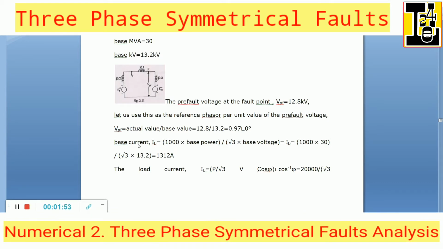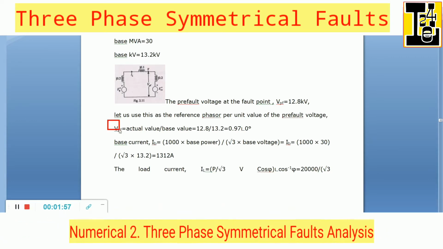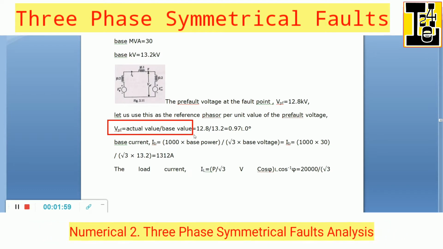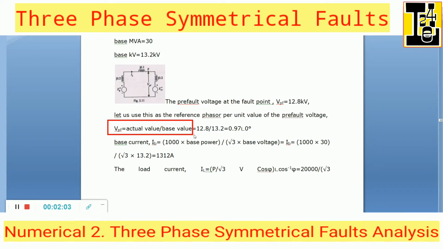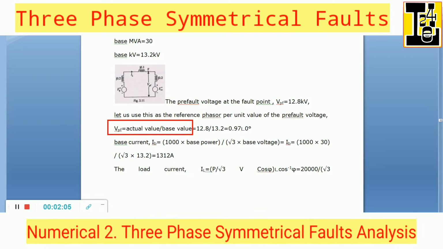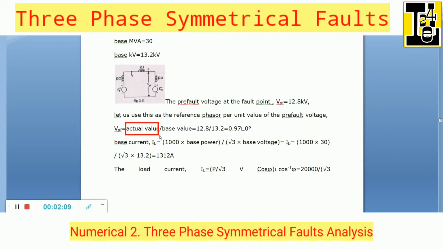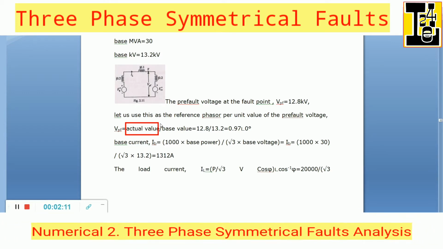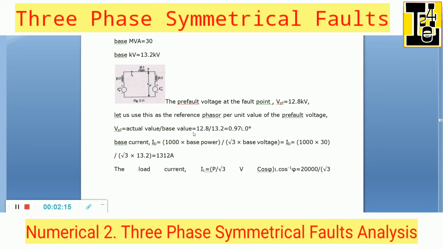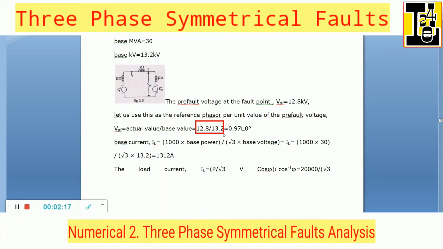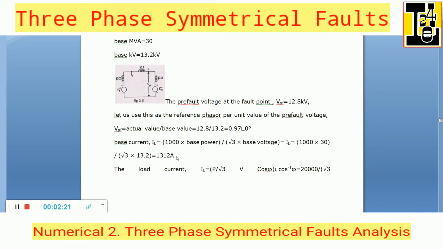Pre-fault voltage in per unit will be equal to the actual value of the voltage divided by base value. So it is 12.8 divided by 13.2, which is 0.97 at an angle 0 degree.